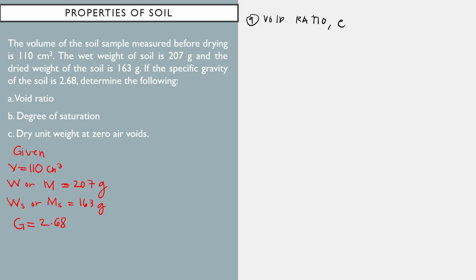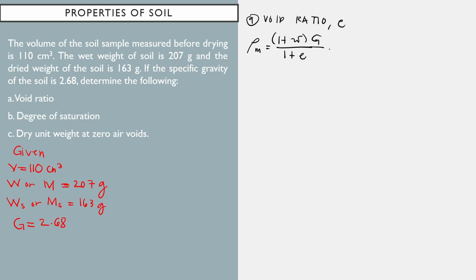So, moist density or rho sub m is equal to 1 plus yung moisture content times yung specific gravity divided by 1 plus e, and then yung density ng water.